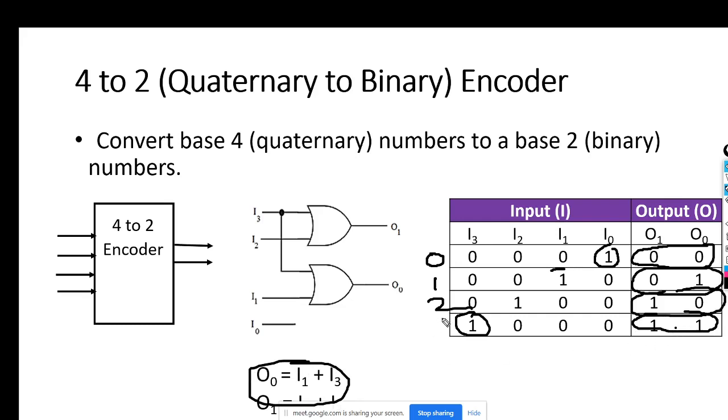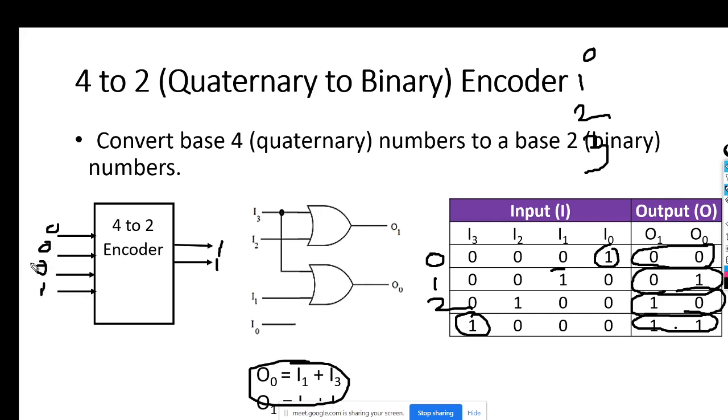Now you can see that this is really converting a base 4 number to binary, because in base 4 the digits are 0, 1, 2 and 3 only. When I3 is 1 and all the others are 0, you get 1 1, which is 3 in binary.